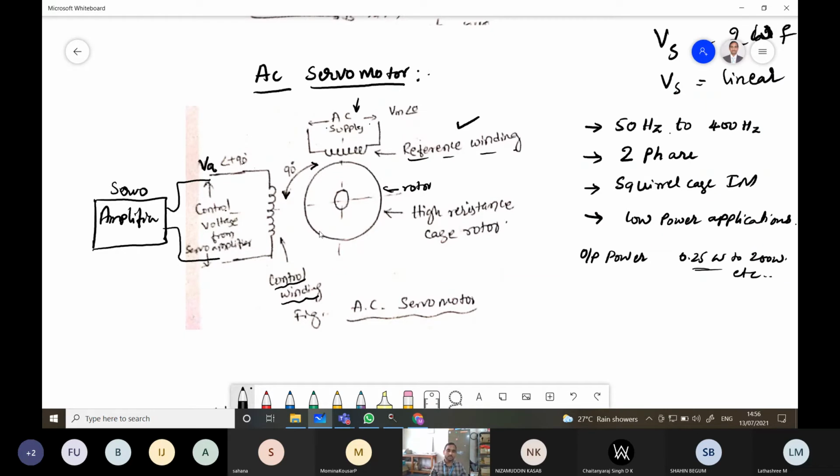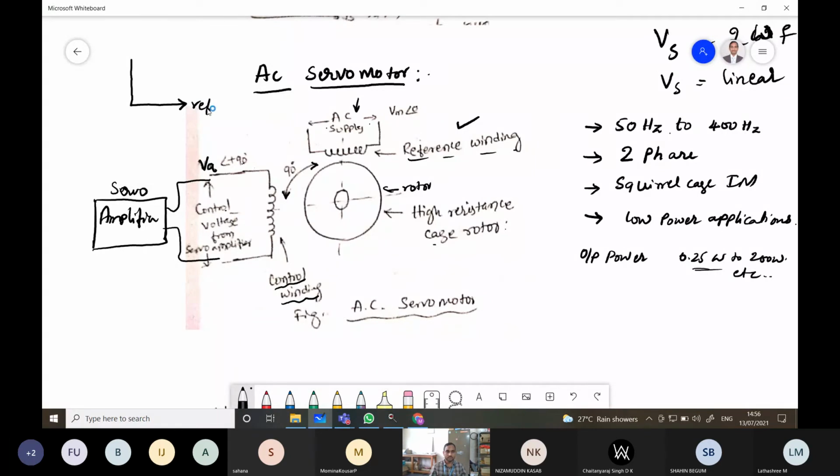The rotor used in the AC servo motor is a high resistance type squirrel cage rotor. The windings are 90 degrees away from each other, and the control voltage is also plus 90 degrees out of phase with respect to the reference voltage.